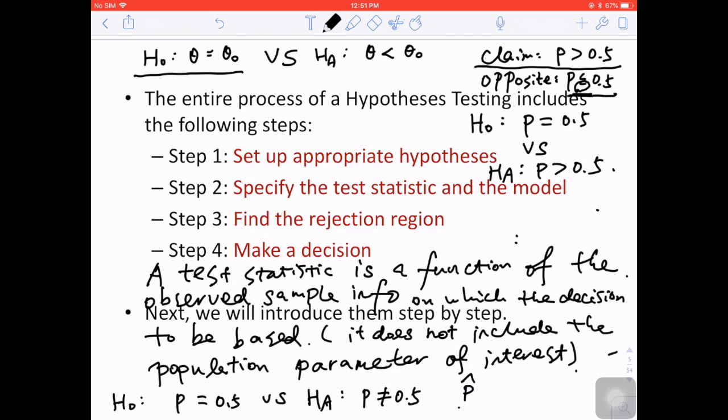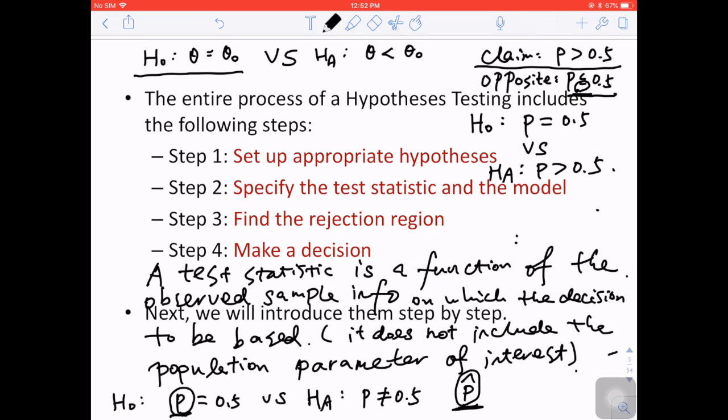Okay, so p hat cannot include this p because we need to use this p hat to study this p. Okay, we need to use this p hat to study this p. So we should not let this p be included in this p hat. Otherwise, like, we cannot do this, right? Okay, so that's the second step.